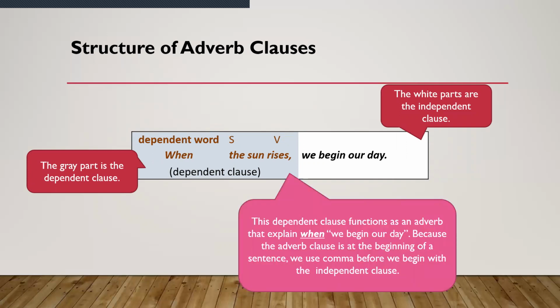This dependent clause explains when we begin our day. And because the adverb clause is in front, we need to use a comma at the end of the adverb clause, like this: when the sun rises, comma, we begin our day. So you can see the difference here.